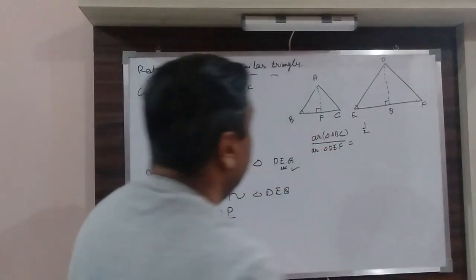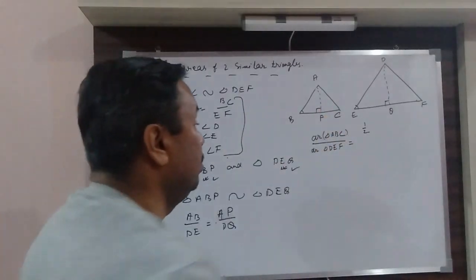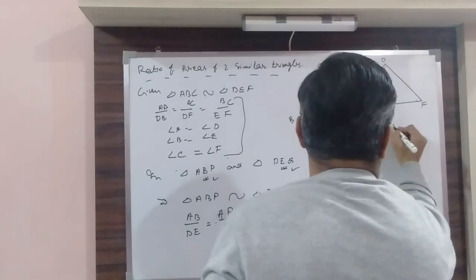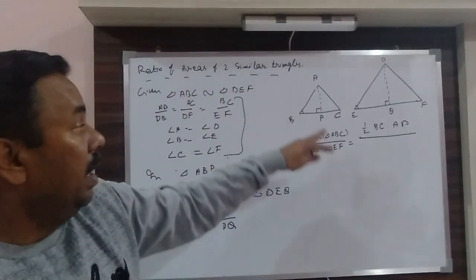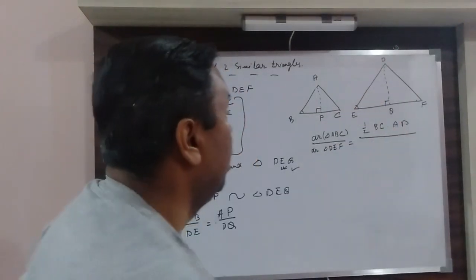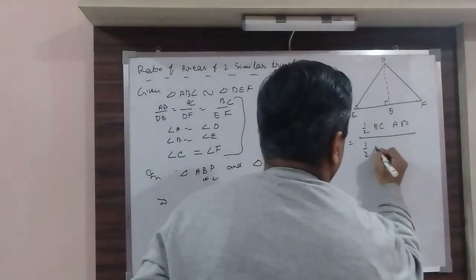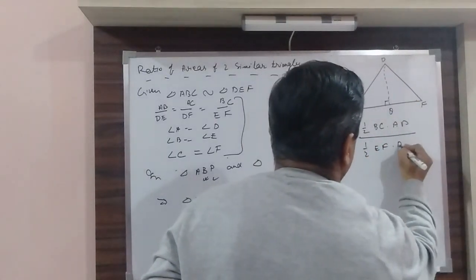The area of triangle ABC will be half of BC into AP, and the area of DEF will be half of EF multiplied by DQ.